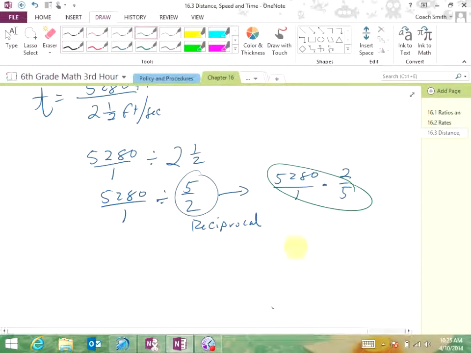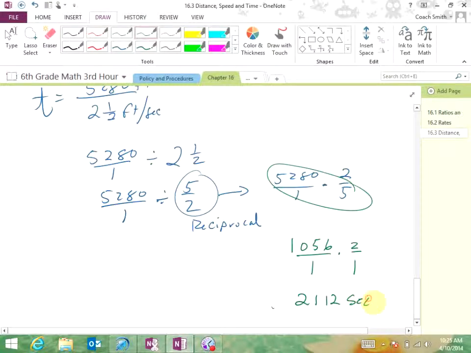Okay, so 5 into that goes once, 0, 5, 6, 1,056 over 1 times 2 over 1. And 1,056 times 2 is what? 2,112 feet. Or wait, no, hang on here.